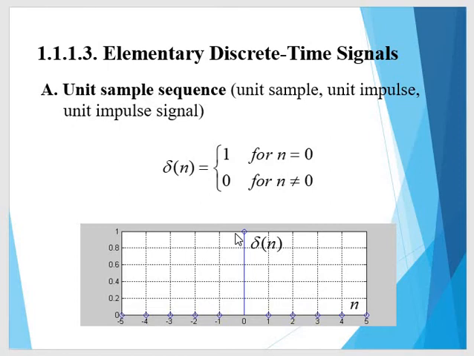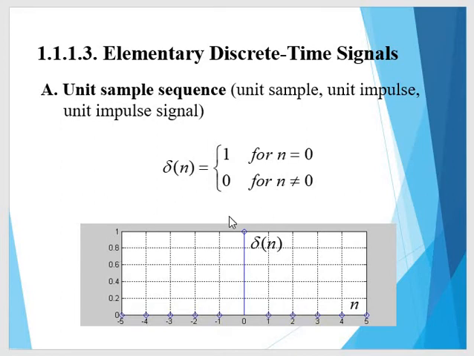Same thing, this impulse response, if you look at it, at a particular position, at a single instant, it gives a spike. That means it gives a reaction at a single instant. So this is my impulse response. And unit means the amplitude is 1. The term unit says that the amplitude is 1.